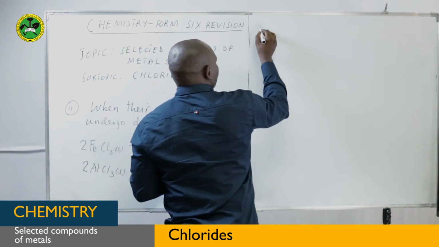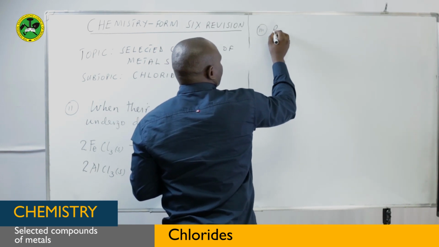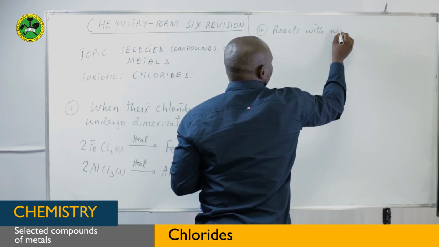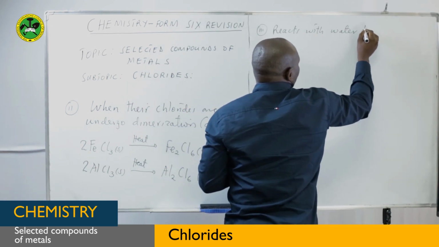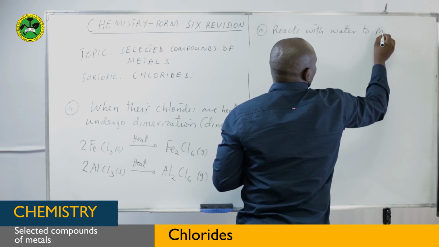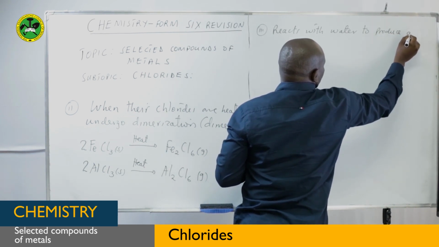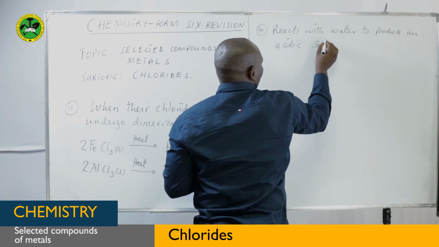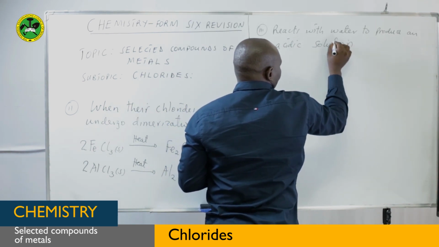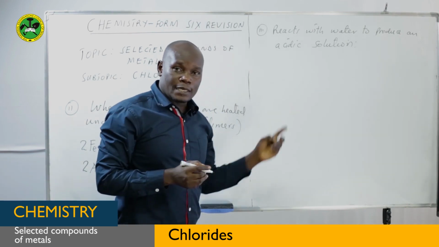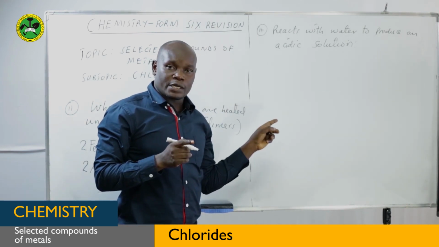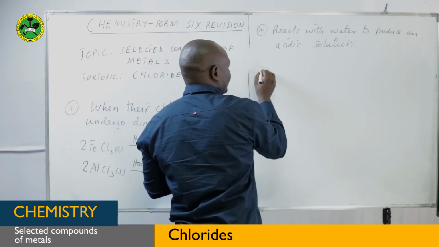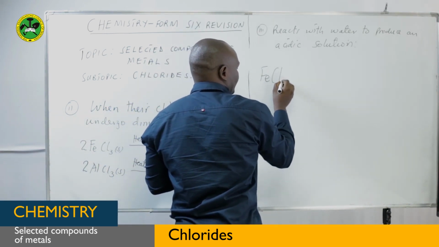So third is that they react with water to produce an acidic solution. And here we have discussed how aluminium chloride reacts with water to form an acidic solution. So here let us take an example of iron 3 chloride.